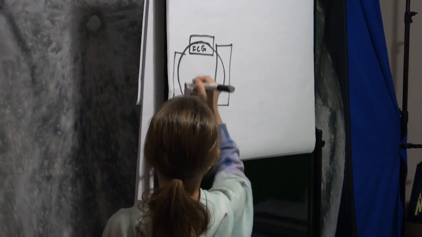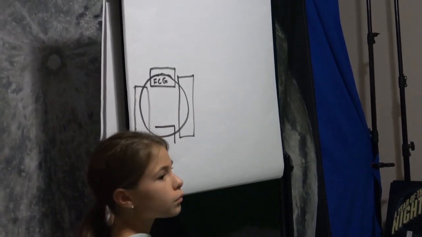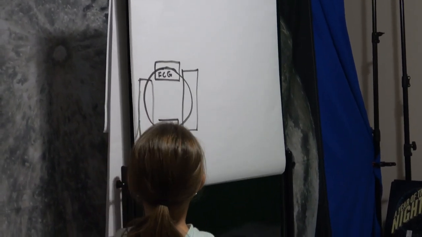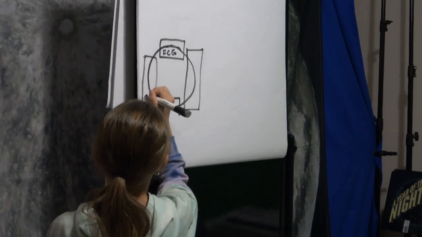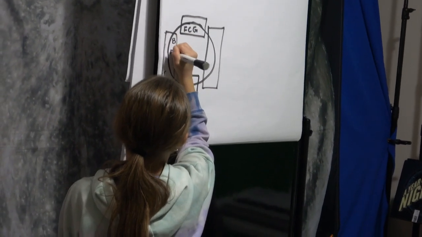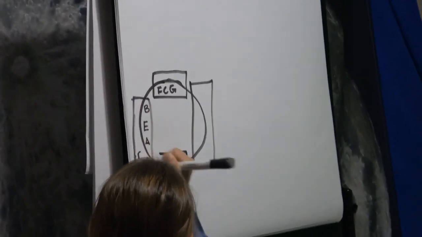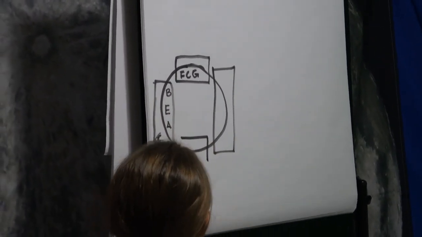Now when you're using this as a mnemonic, the next one is over here, put B-E-A-D. Start up at the top. B-E-A-D. And that bottom one where you started to write, just put an X there.